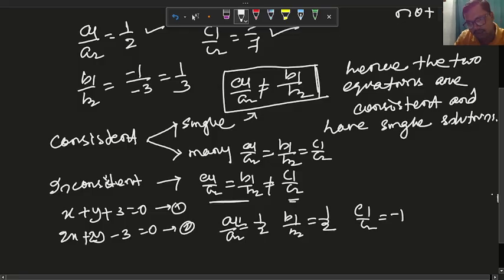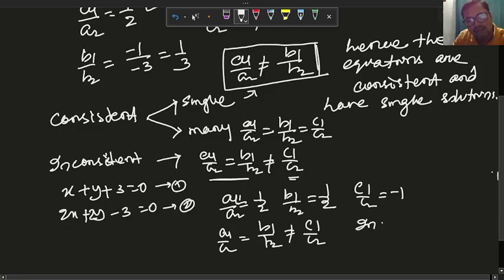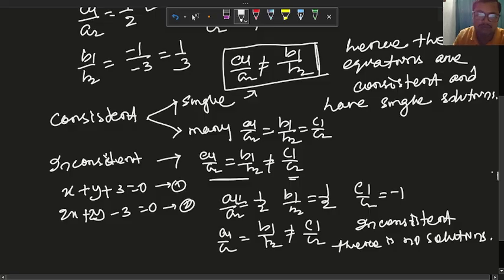So I get here that a1 by a2 equal to b1 by b2, which is not equal to c1 by c2. Hence, these two equations are inconsistent, which means there is no solution of these two equations. Clear?